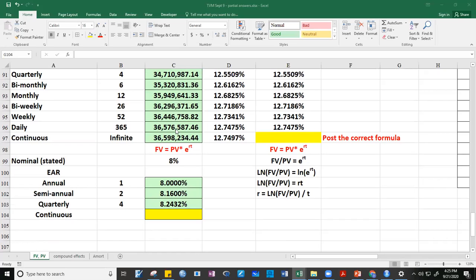Yung Excel file pa rin, sir. Excel file pa rin. Nag-hang yung screen.